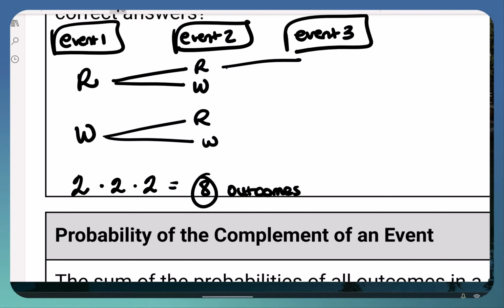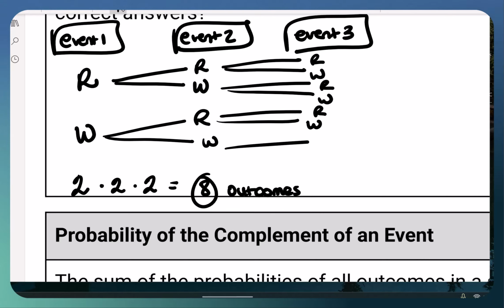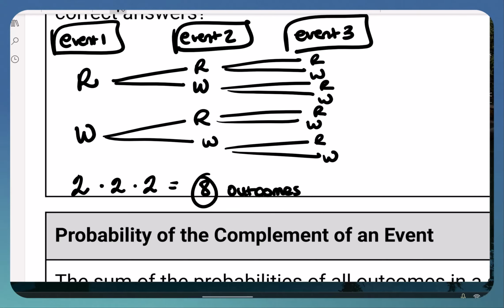And event 3, right, wrong, right, wrong, right, wrong, right, wrong. Now imagine doing this question with 5 questions. So you see how your tree diagram is going to get really big really fast. You're just multiplying. Every time you add another event, you're going to have more branches and more branches.